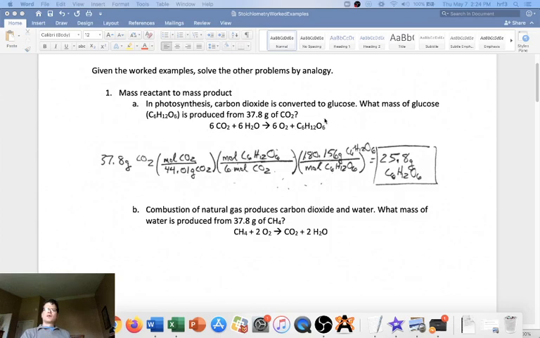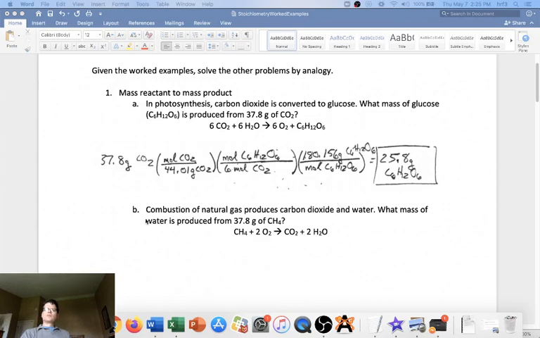And then I can get the mass of this, again using the periodic table: 6 times carbon, 12 times hydrogen, 6 times oxygen, that's 180.156 grams of glucose per mole of glucose. Moles of glucose cancel, moles of carbon dioxide cancel, grams of carbon dioxide cancel, and you get grams of glucose: 25.8 grams of glucose.